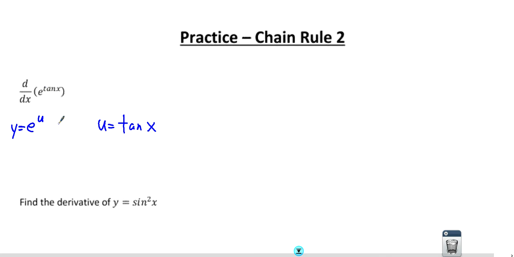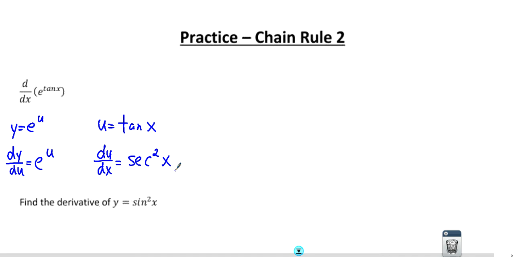Then we take the derivative with respect to our variable, so dy over du equals e to the u, because the derivative of e to the u is e to the u, and du over dx, the derivative of tangent x, is secant squared x.